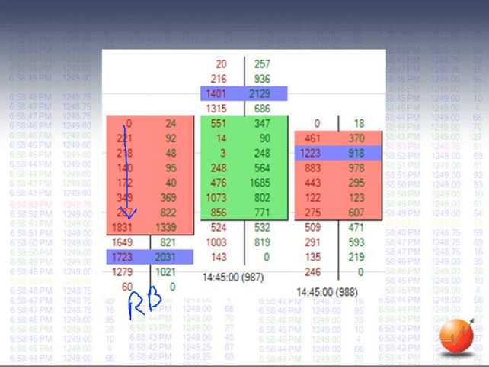Shouldn't be difficult to get through any of that, right? If we can get an entry off right in front of this, shouldn't have had any problem getting filled there. Buyers drive the market up, maybe a little bit of trouble here, and then drive it all the way up through the top. Wow. Okay, well now we see responsive selling.